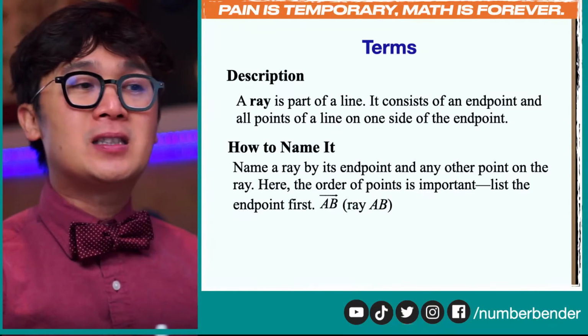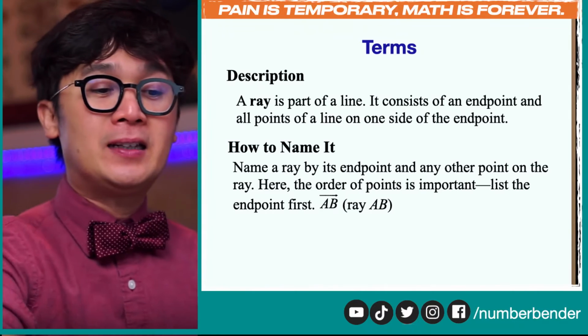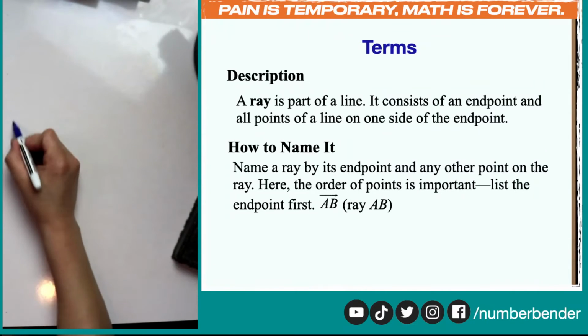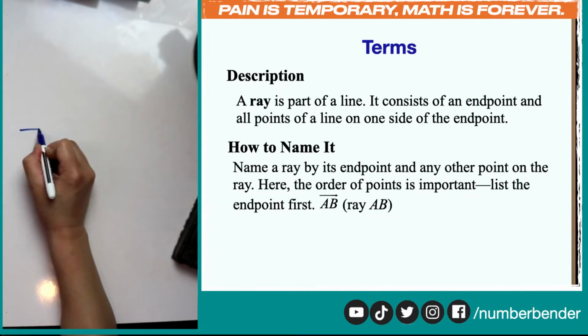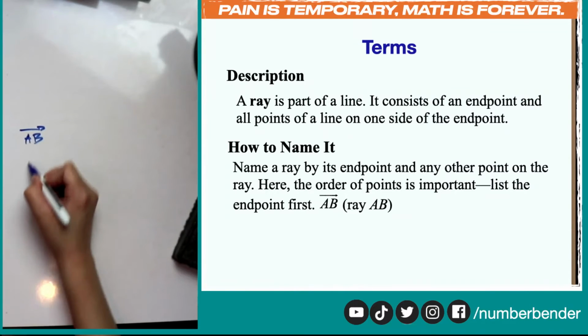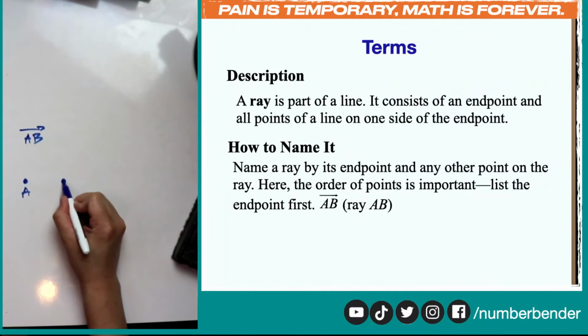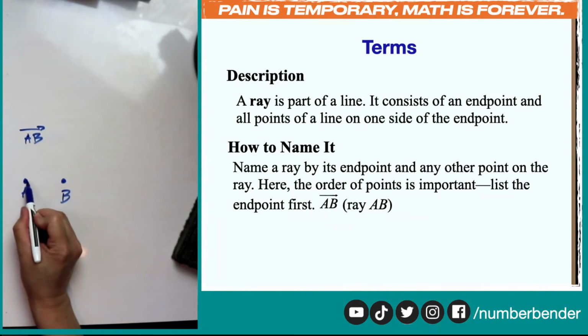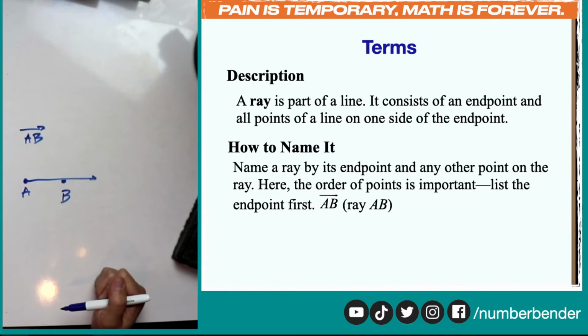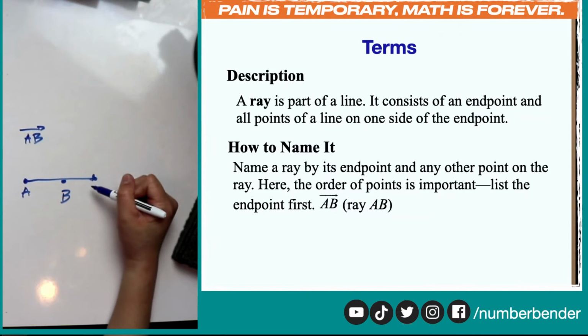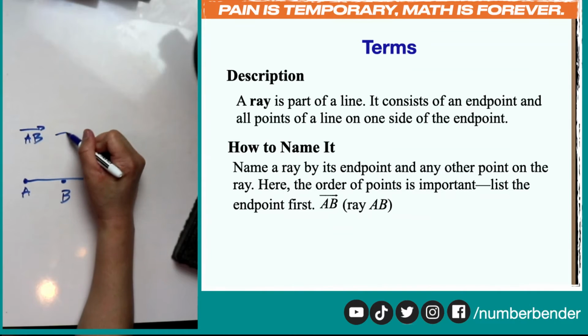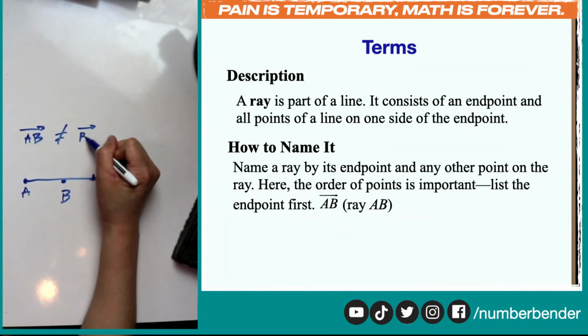So, that means si ray AB na makikita natin dito, if we're going to illustrate ray AB, ito would be A, B, pero yung linya natin would be something similar to this one. So ito yung ating ray AB na tinatawag at hindi siya parehas ng ray BA.